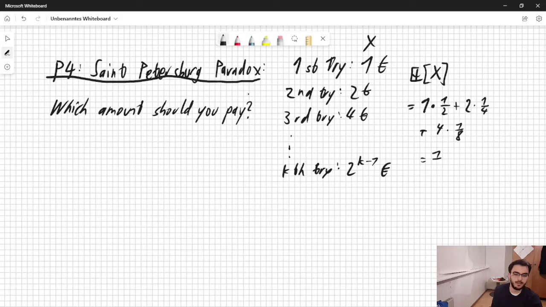So we just have a sum of 1/2 basically, which continues forever. So we get an infinite expected value.